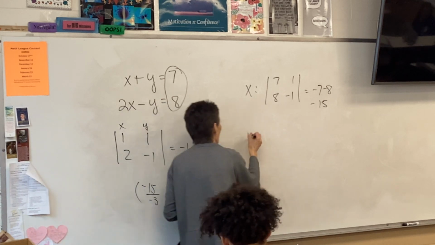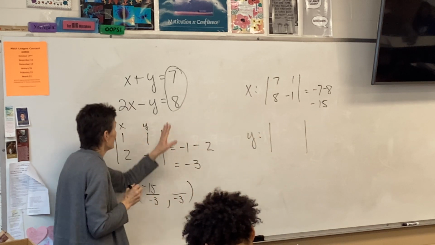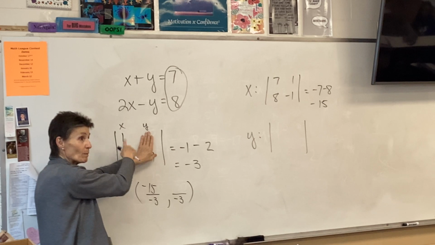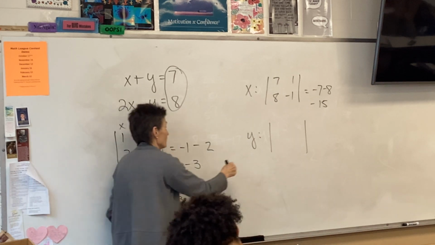Now, what about my y? The 7, 8 goes here. So the 1, 2 stays right where it's at. So I have 1, 2, and then 7, 8.